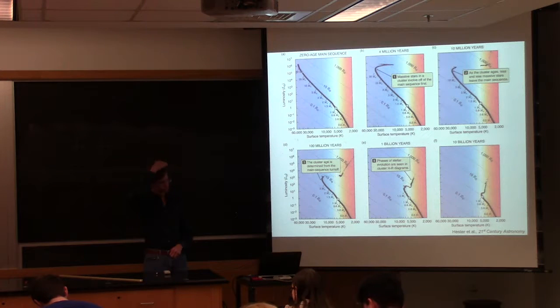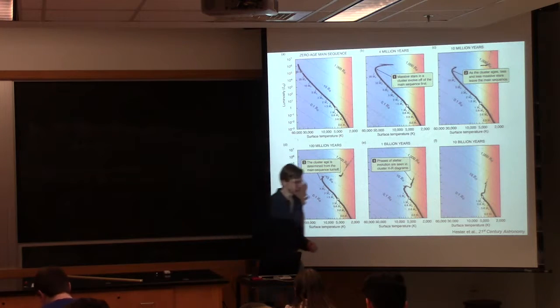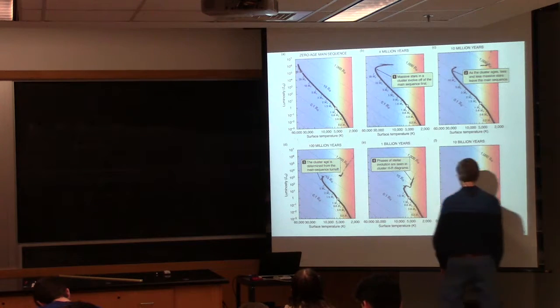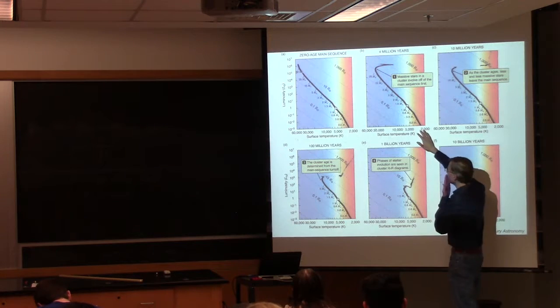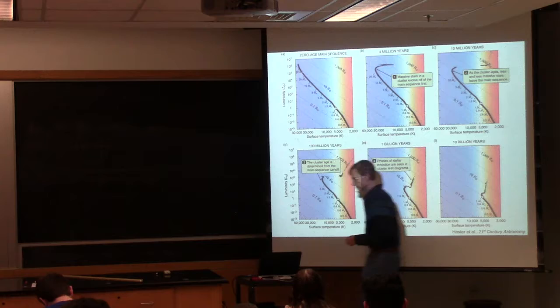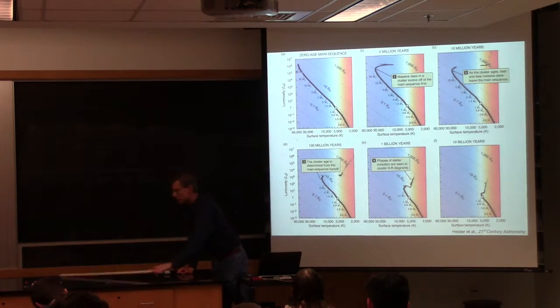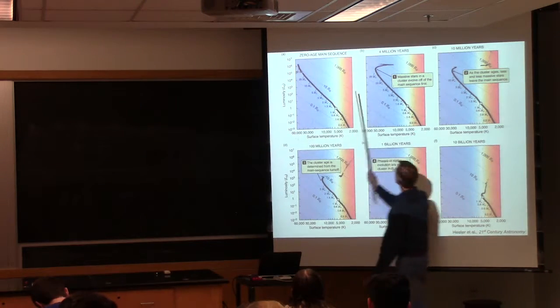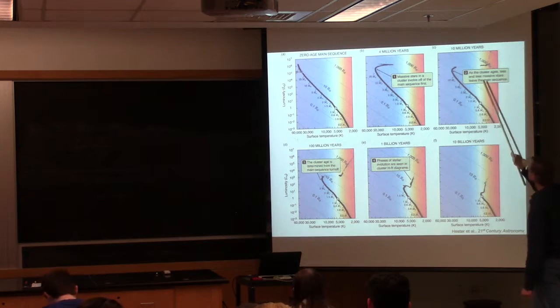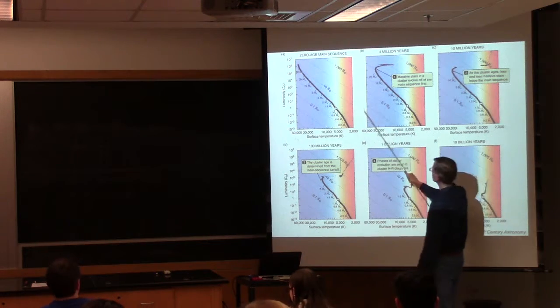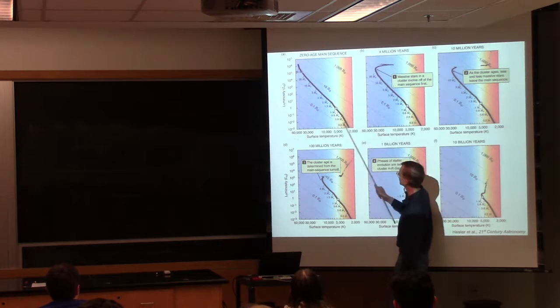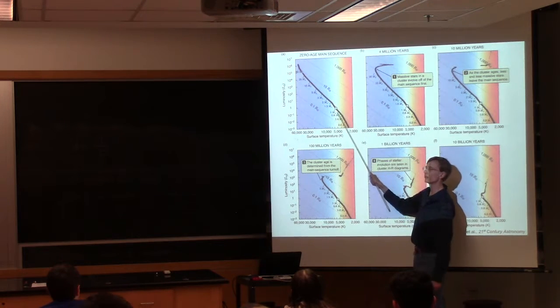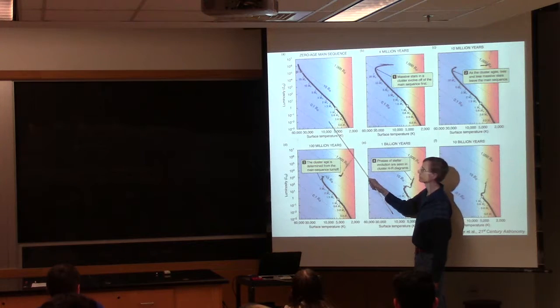And so if you imagine plotting an HR diagram of the cluster over time, what you'll find is as the cluster ages, more and more of the stars on the upper end of the main sequence turn into giants as time goes on. So for a very young cluster, you would find the entire main sequence was there. That's actually not quite right because the lowest mass stars only form late for a very, very young cluster.